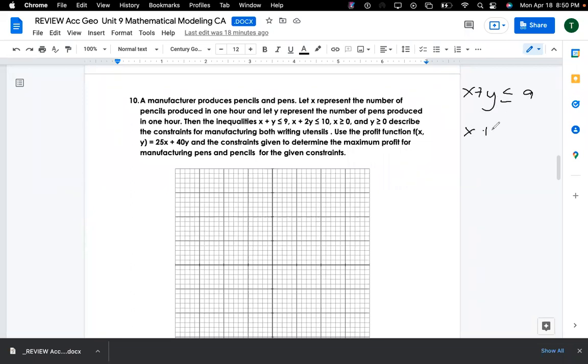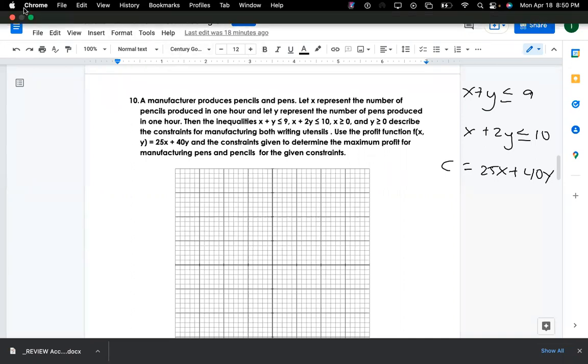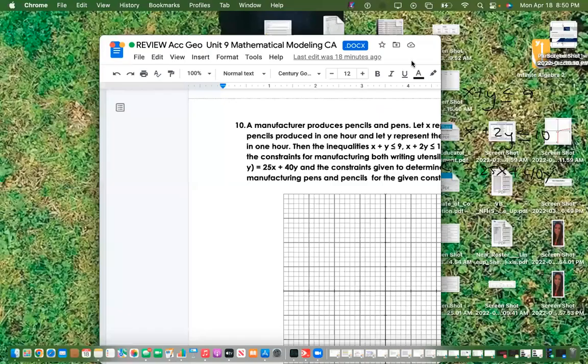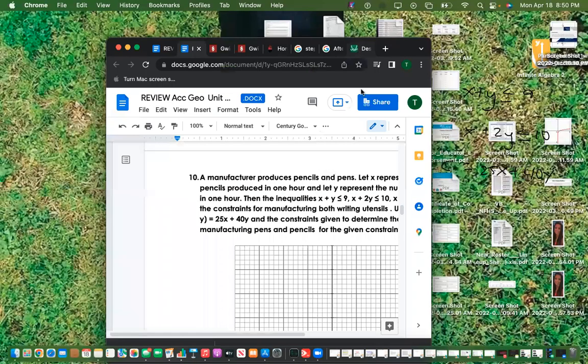I'm going to first write this down so I don't have to go back to this page. And I'm also not really going to worry about this Y is greater than 0 and X is greater than 0. I don't really need to worry about that. Okay, so coming back into Desmos, I'm going to type in my inequalities.